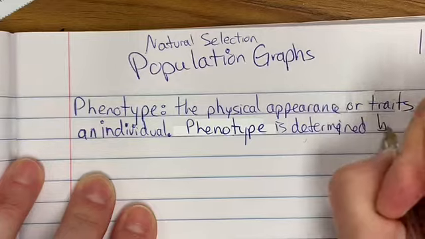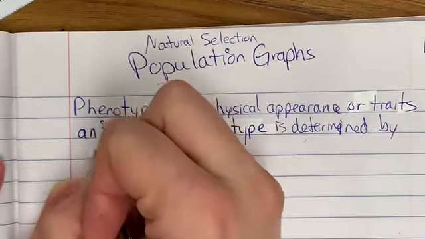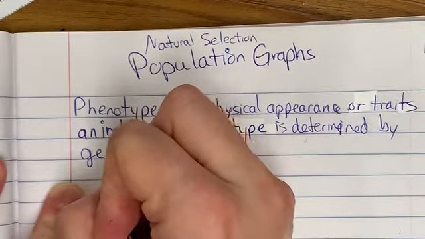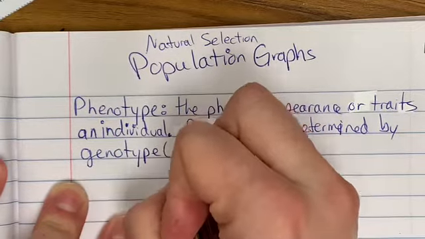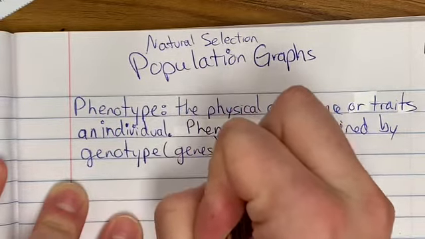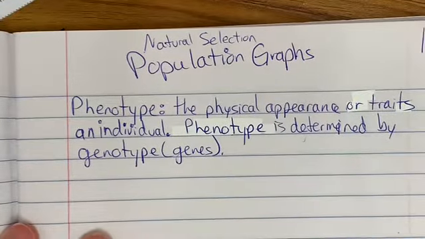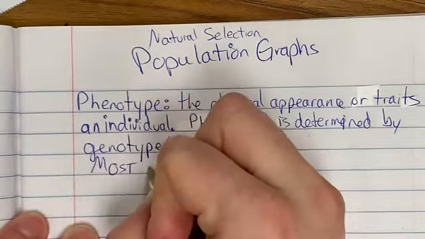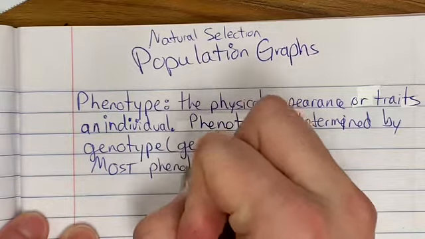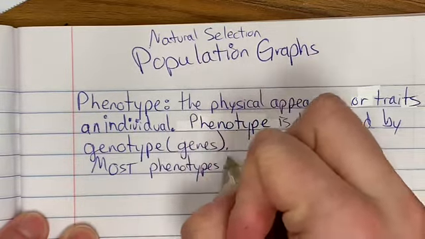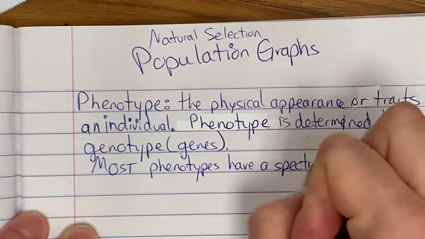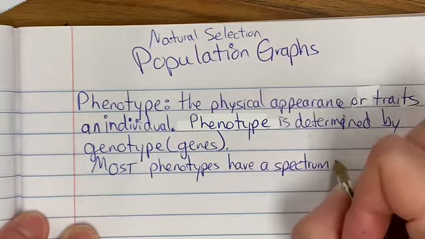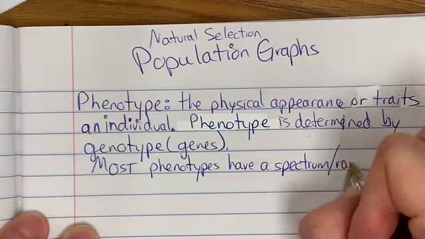Is determined by what we call genotype, which are the genes. The genes, the genetics of the individual. Most phenotypes, not all, but most phenotypes have a spectrum, all right, or a range of variety.